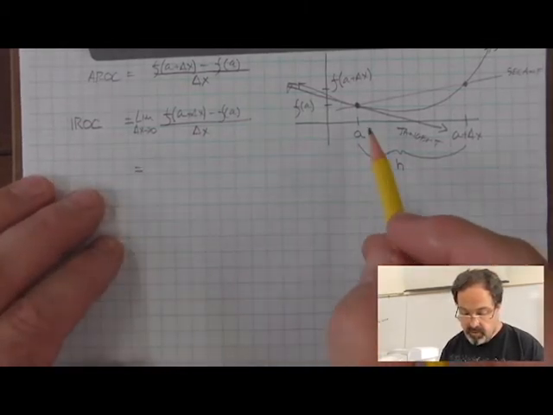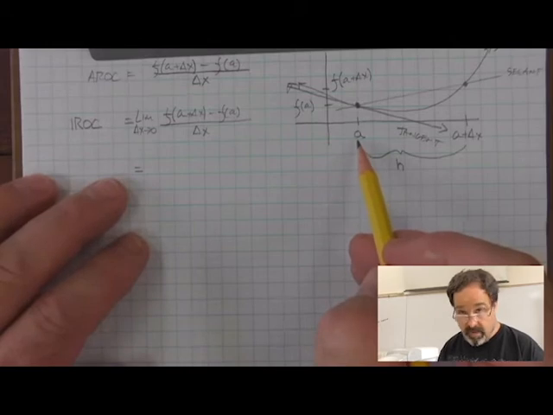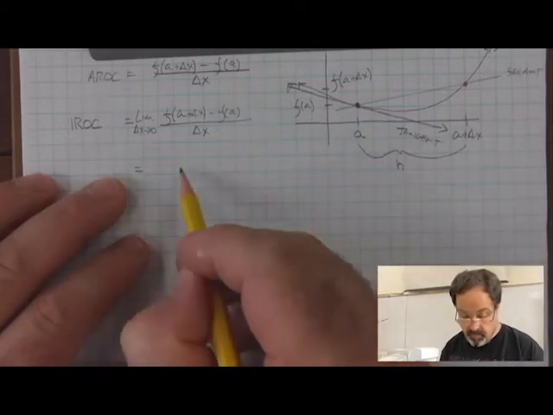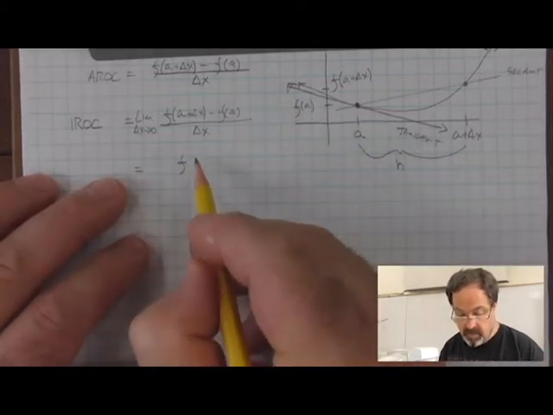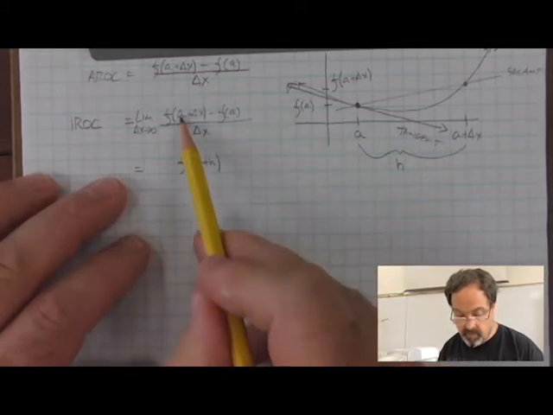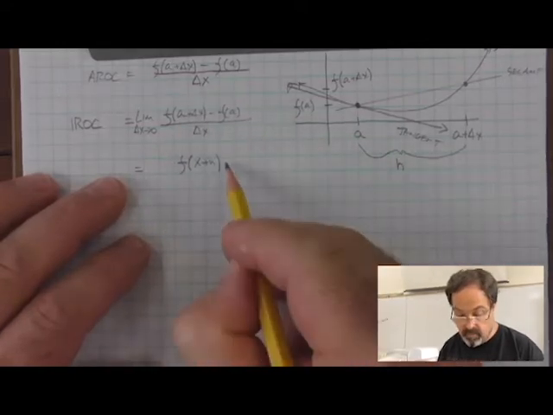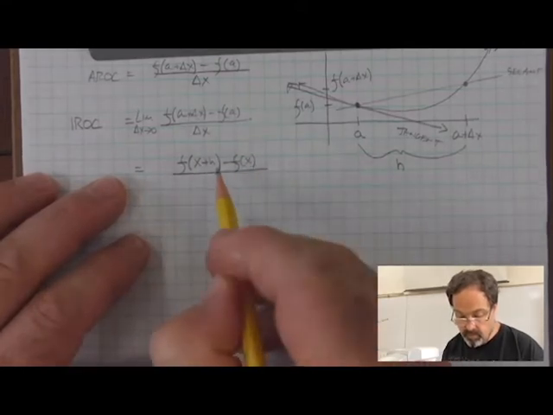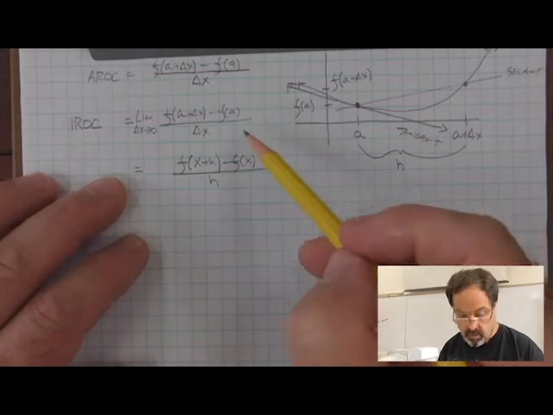And our expression then is going to use any location x instead of a specific location a. So the presentation looks like f at x plus h instead of a plus delta x, minus f of x, all over h.